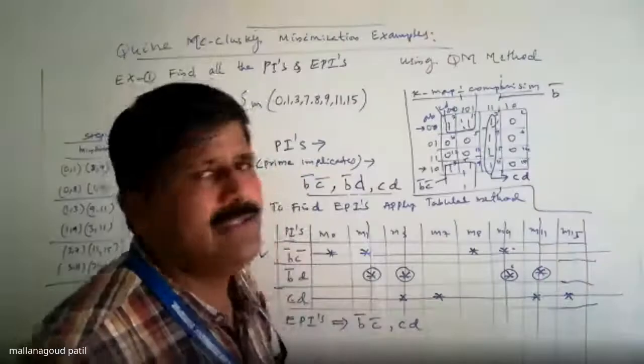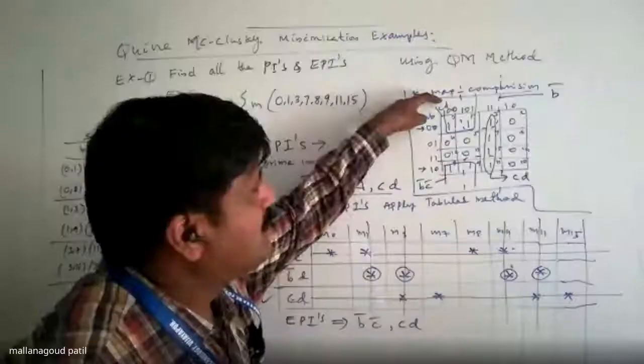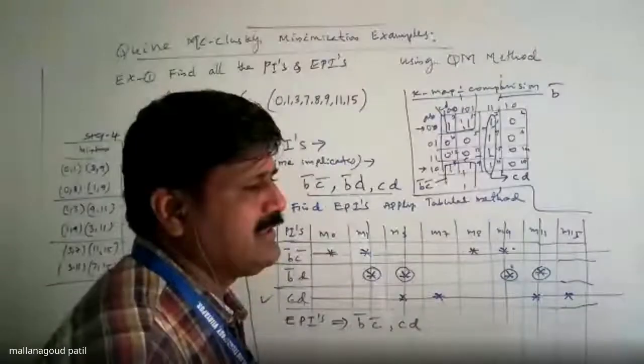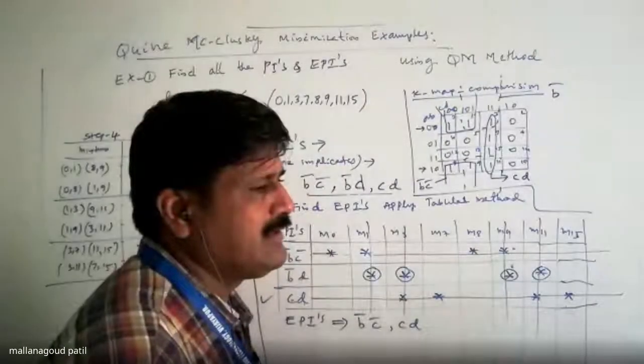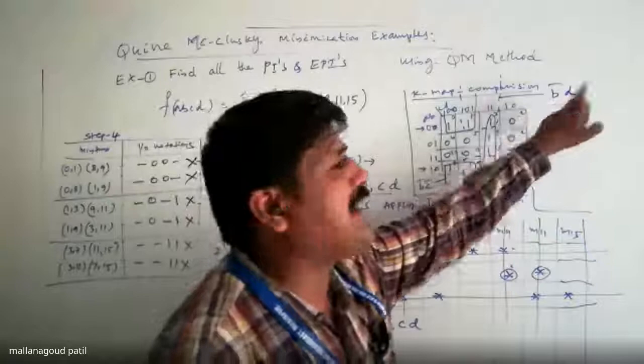What is the address of 3? 1, 1. Which is the common bit? 1, which belongs to D. So it is D. One more implicant is B bar D.